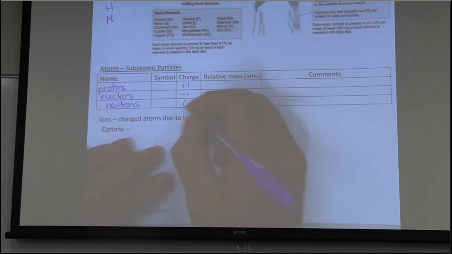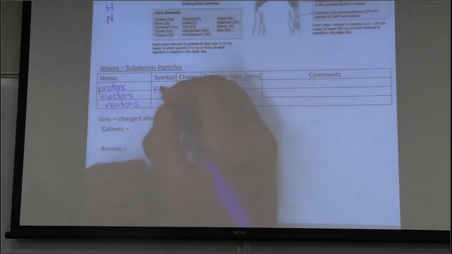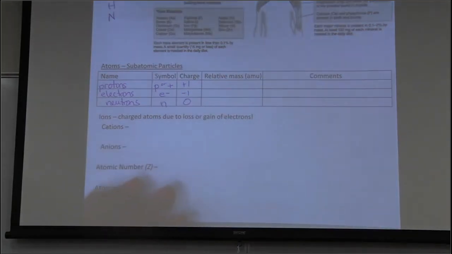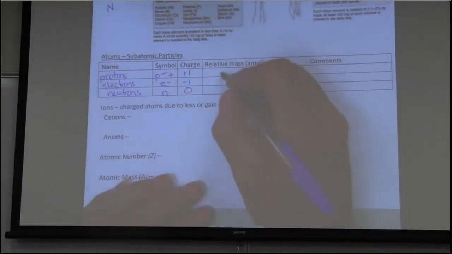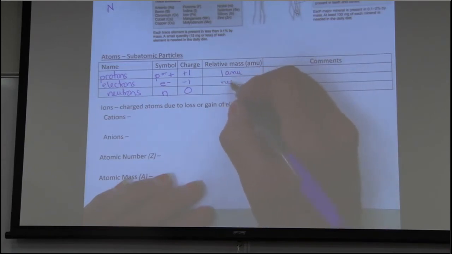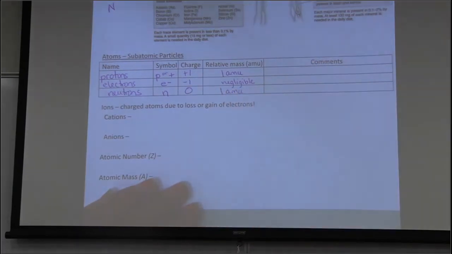Neutral, 0. The symbol for protons is P or positive, electrons is E negative, and neutrons is N. The relative mass is 1 AMU for a proton, negligible for an electron, and 1 AMU for a neutron.